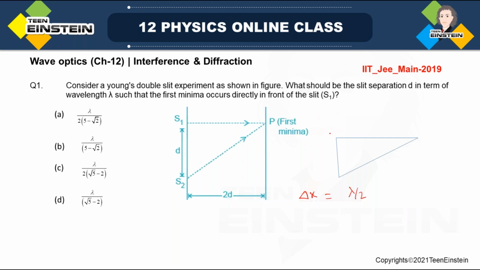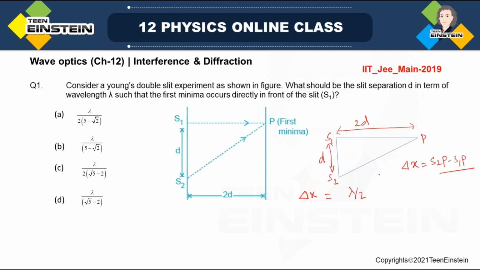Here in this diagram, this is S1, this is S2, and this is D, and according to our figure, this is 2D. If I say this is P, the path difference will be delta x equals S2P minus S1P. So we have to find this, and then we can equate it to lambda by 2.